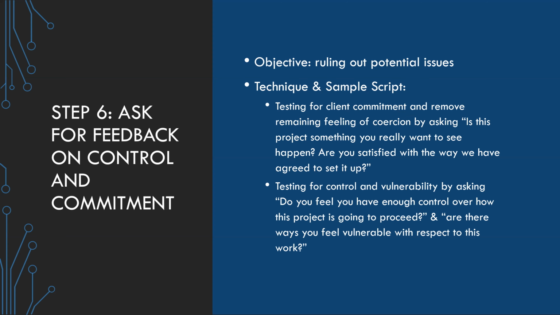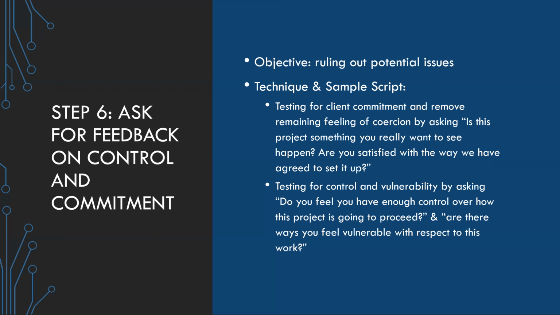Step number 6 is to help you rule out potential issues. The recommended technique is to test the client's commitment and remove any feelings of coercion by simply asking questions such as: is this project something you really want to see happen?